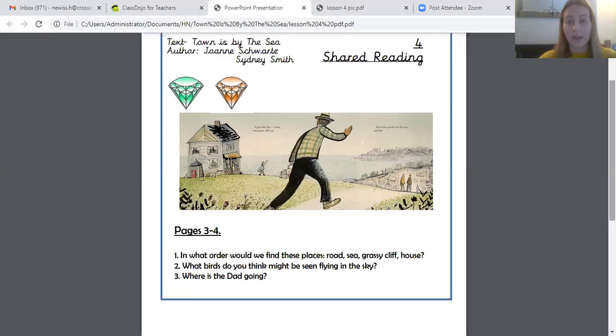Now let's look at our full sentences, because we do need to be careful when we're writing to make sure that we're answering the questions as fully as we can. So the first question is, in what order would we find these places?